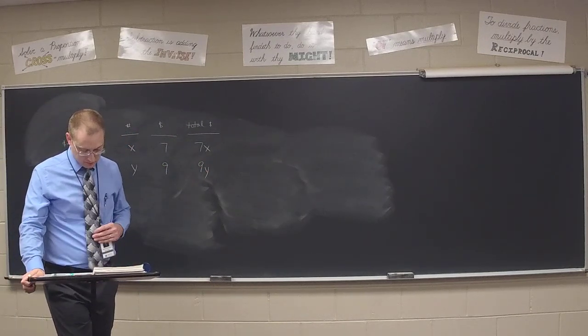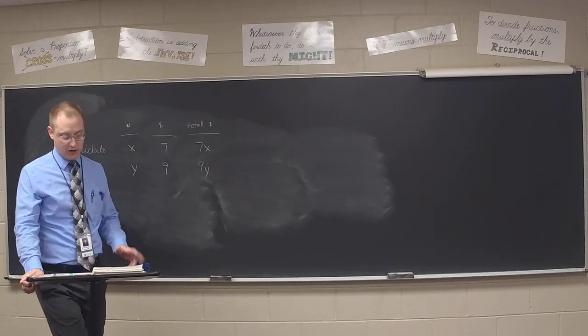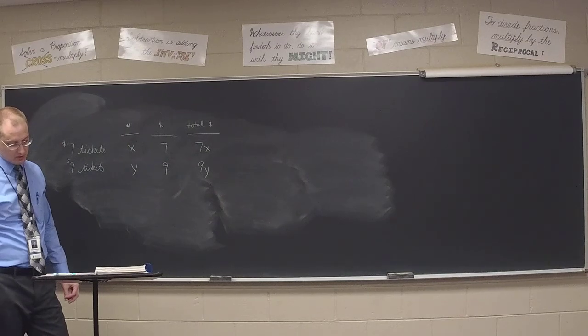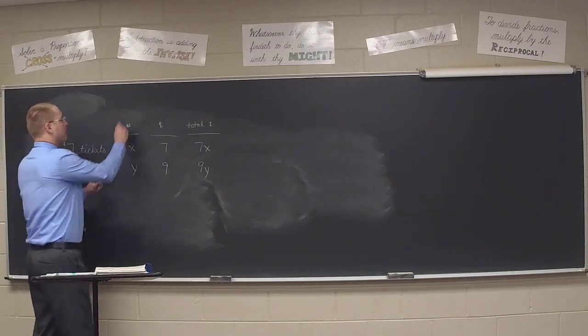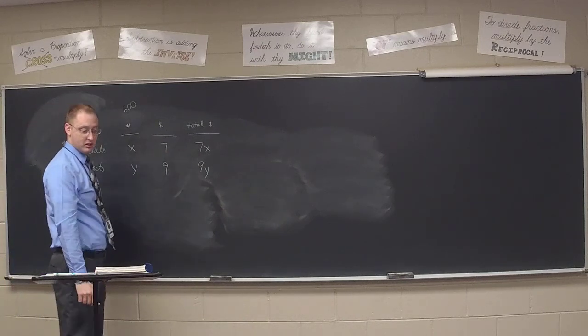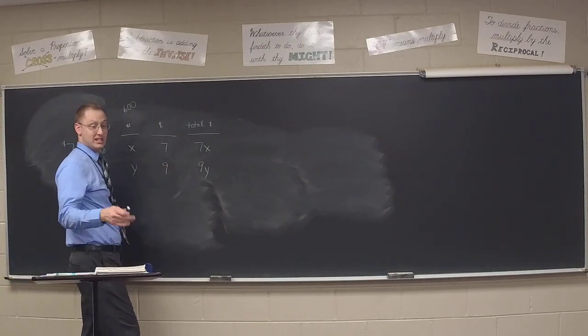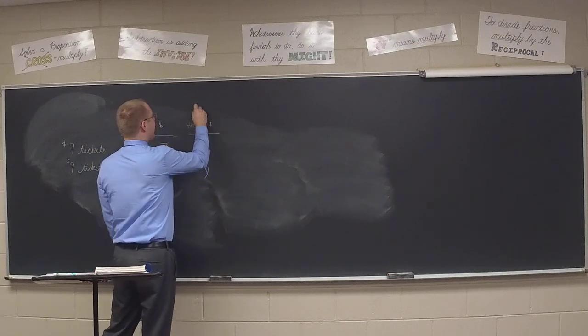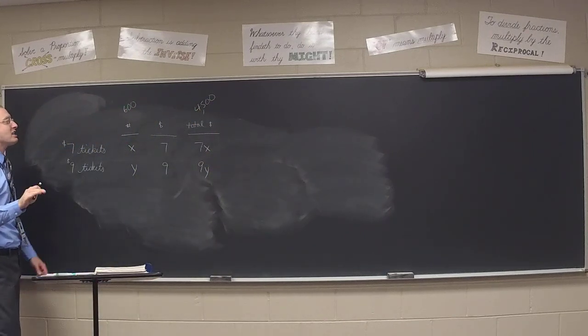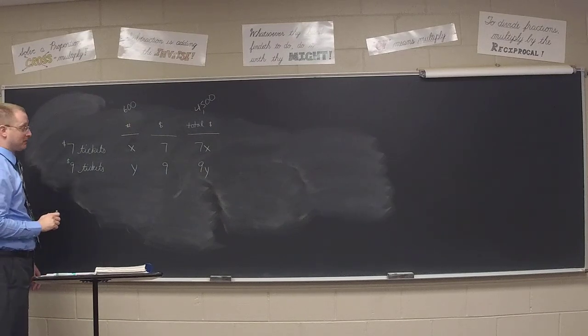The 4,500 and 600. What is the 600? How many tickets were sold? The number of tickets. What's the 4,500? The total receipts. That's the money that came in, right? And so what 2 equations should we set up here?